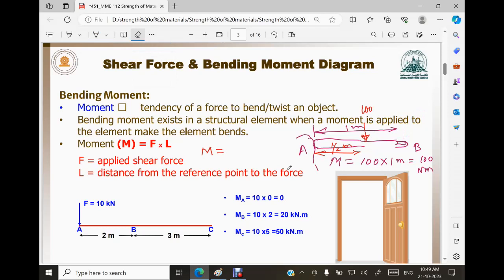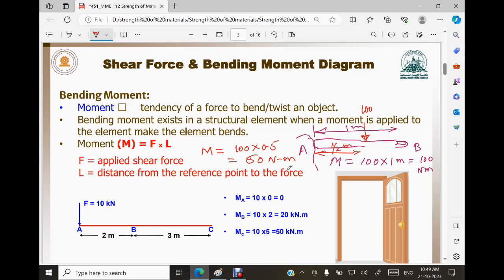I am shifting the force to this point. So the bending moment is equal to 100 multiplied by 0.5, so this becomes 50 newton meter. So the effect of bending moment changes from one place to another depending upon the distance of the force from the point where you want to take the bending moment.